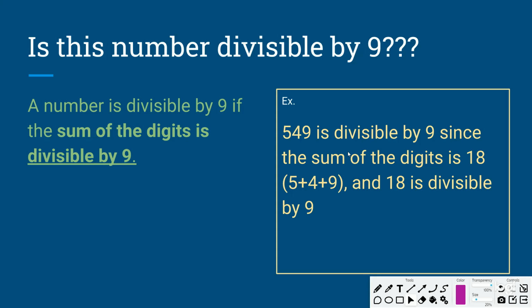So here I have 549, which is divisible by 9 since the sum of its digits is 18. And 18 is divisible by 9. So again, I added up 5 plus 4 plus 9, which equals 18. And 18 divided by 9 is 2, which is a whole number. So I know that this number, 549, is also divisible by 9.